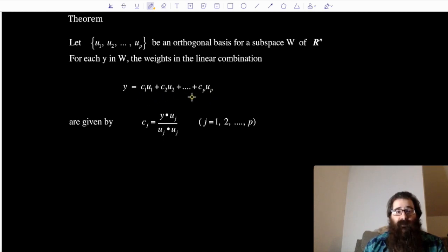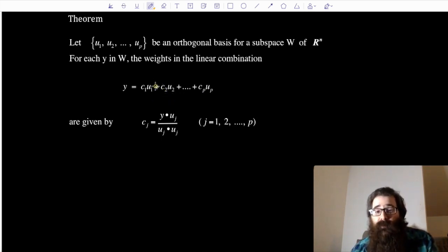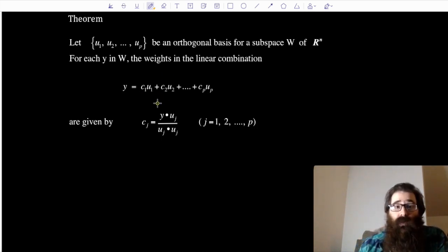But what's really great about an orthogonal basis is that I can tell you exactly how those scalar weights should look on the linear combination. That's an incredible result.